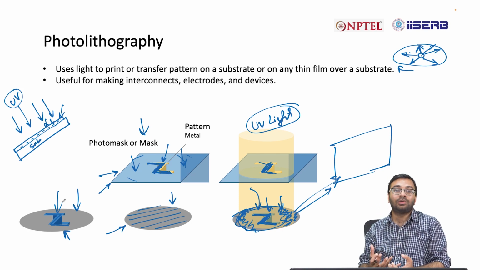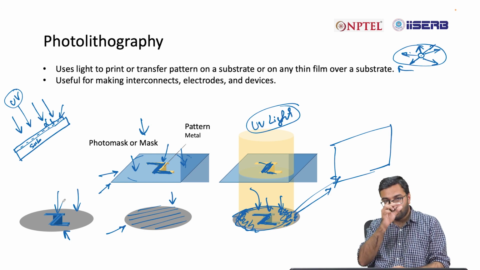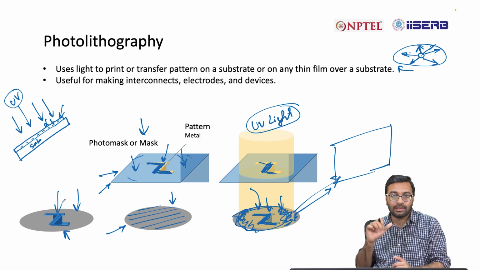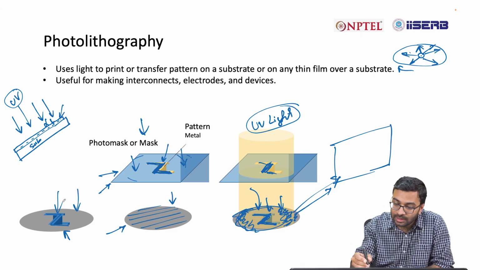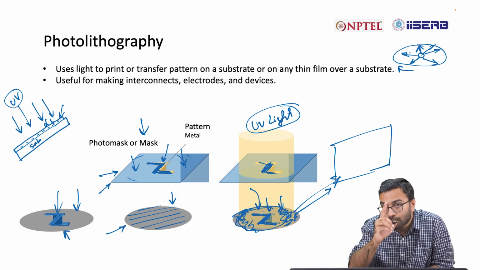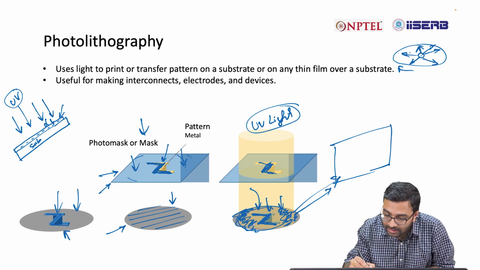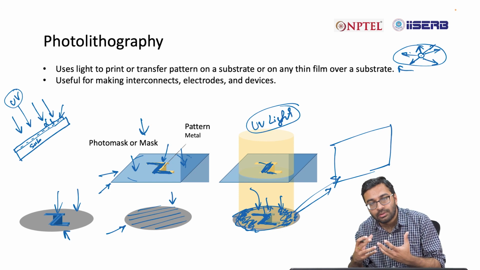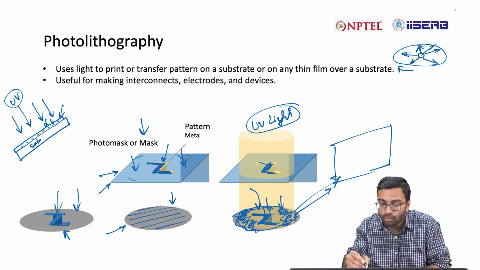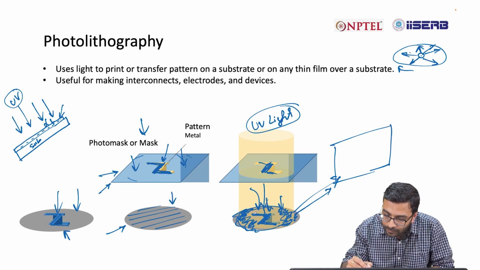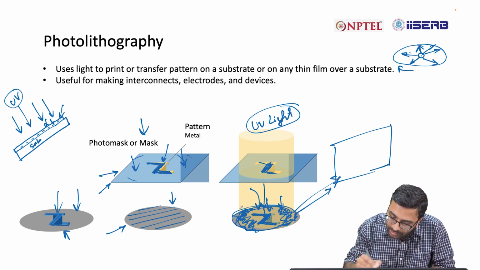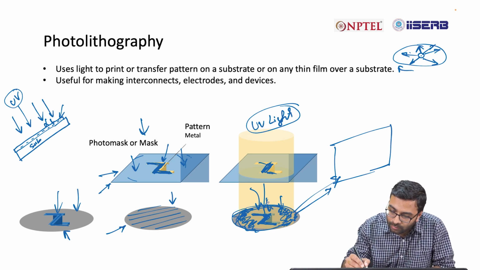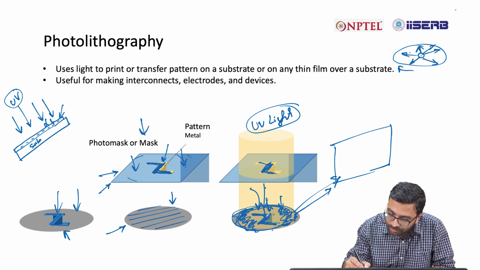Now, if you want that pattern to be a metal, say gold, what you do is, in the first process, when the other part is polymer and this part is dissolved and etched out, you do a deposition on top. The metal will be deposited across it. So, the metal will be deposited on the substrate in this area, because here the polymer is not present.